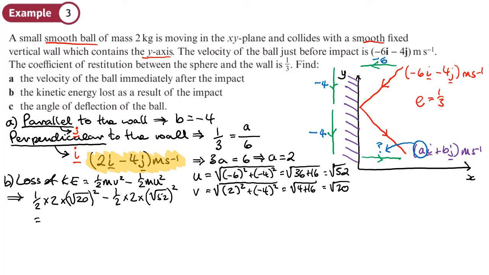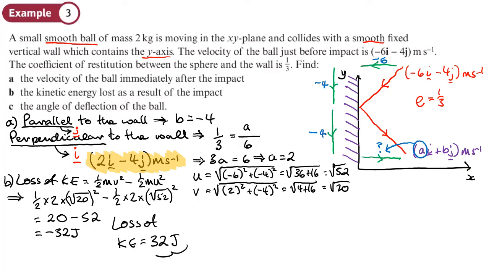The first bit is 20, then the second part is just going to be 52, isn't it? Let me work it out. So that will give me minus 32, so it tells me it's a loss. Because I know it's a loss, I could say it's a gain of negative 32, but seeing as we already know it's a loss, we would say that it's 32 joules.